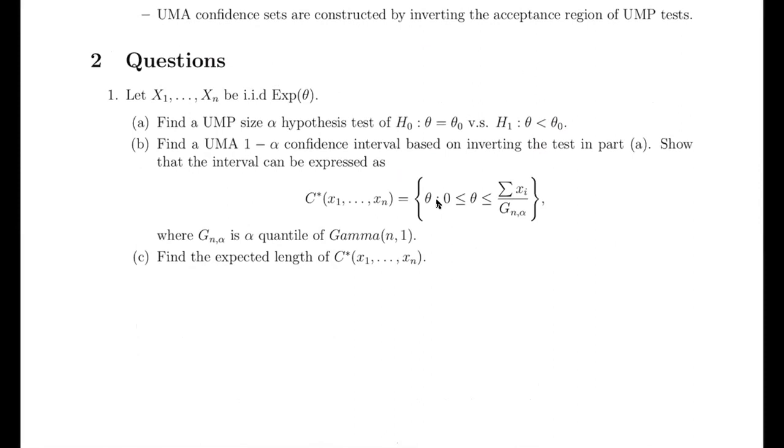Like in question 1, they ask you to find the UMP test first. Then you can find a rejection region and use the rejection region to find the UMA confidence interval.